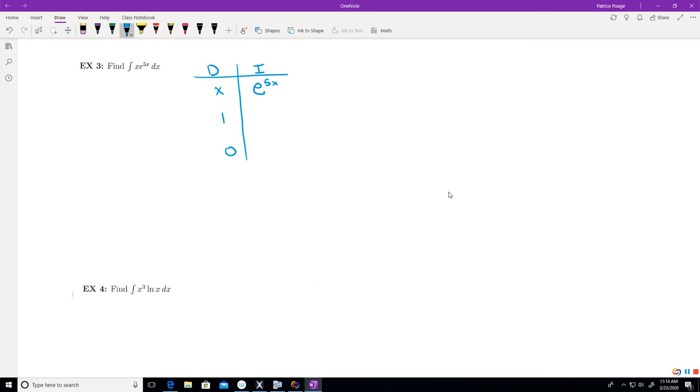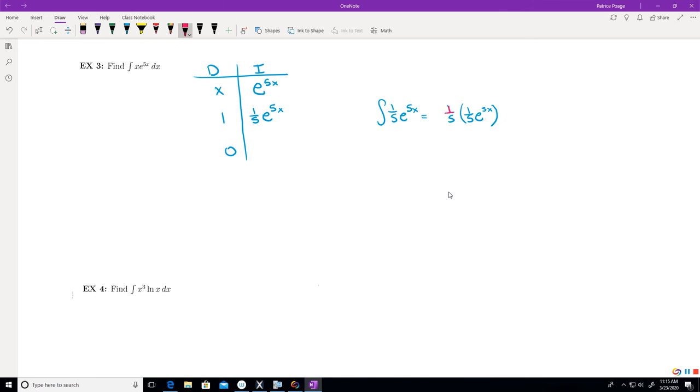You're going to integrate the same number of times. The integral of e to the 5x is 1/5 e to the 5x. Then think about what the integral of 1/5 e to the 5x is. That's going to be 1/5 times the integral of e to the 5x, which is 1/5 e to the 5x.